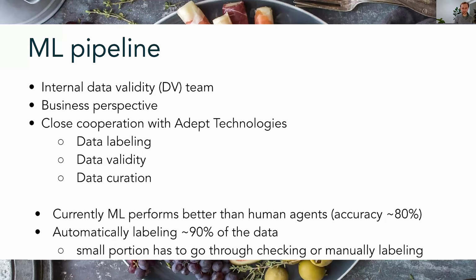Our machine learning models have really high accuracy and a high automation rate. Around 90% of the data gets automatically labeled, and because we emphasize so much on the data and the labels being correct, only a small portion of the data goes through checking or manual labeling.